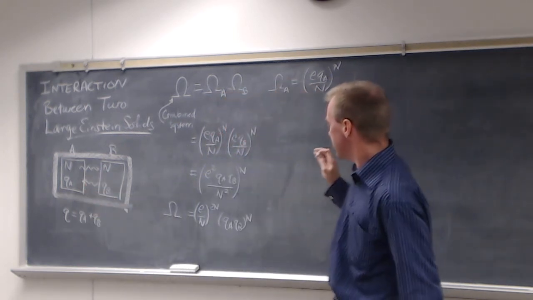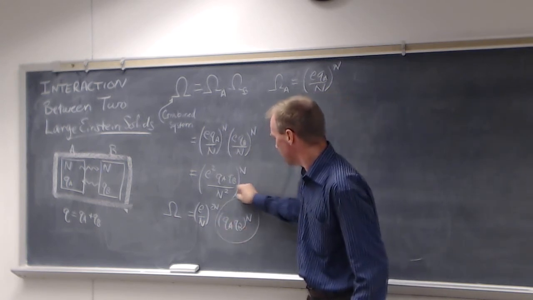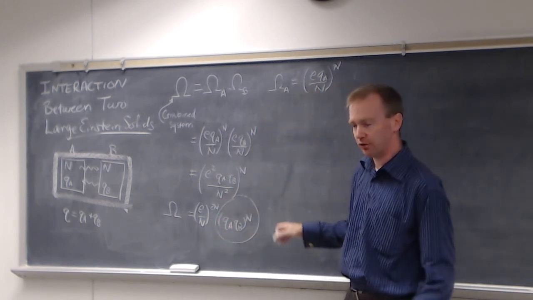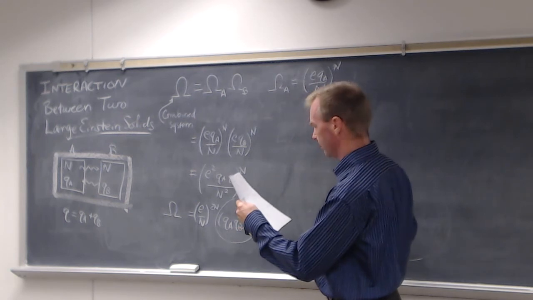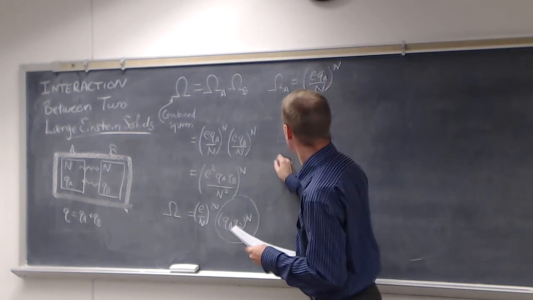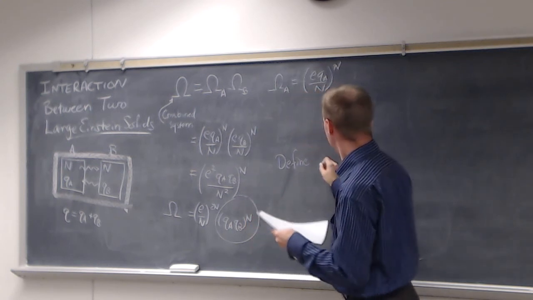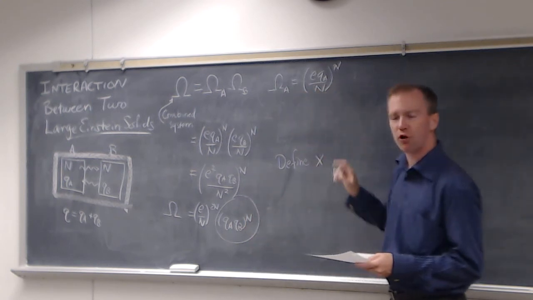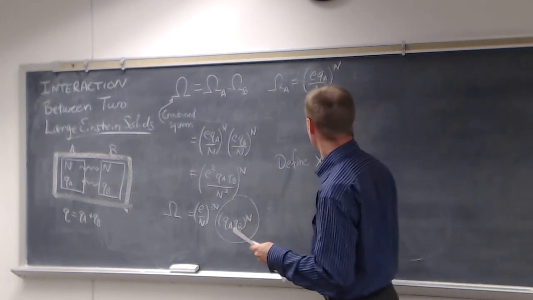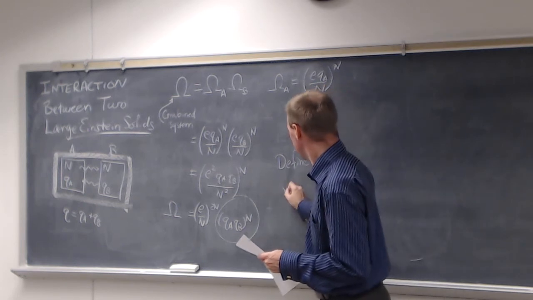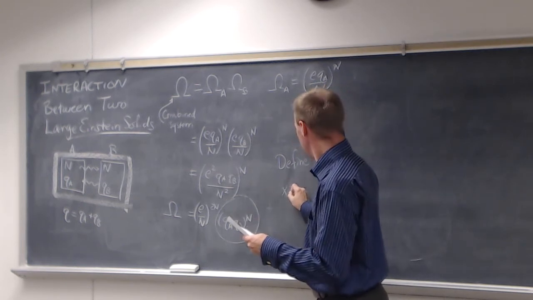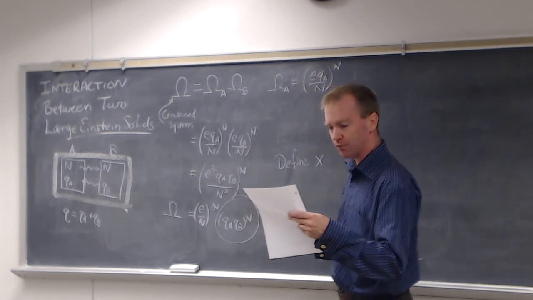Here it's going to be convenient, though, to define another term. We'll just call it X, where X is QA minus QB over 2.